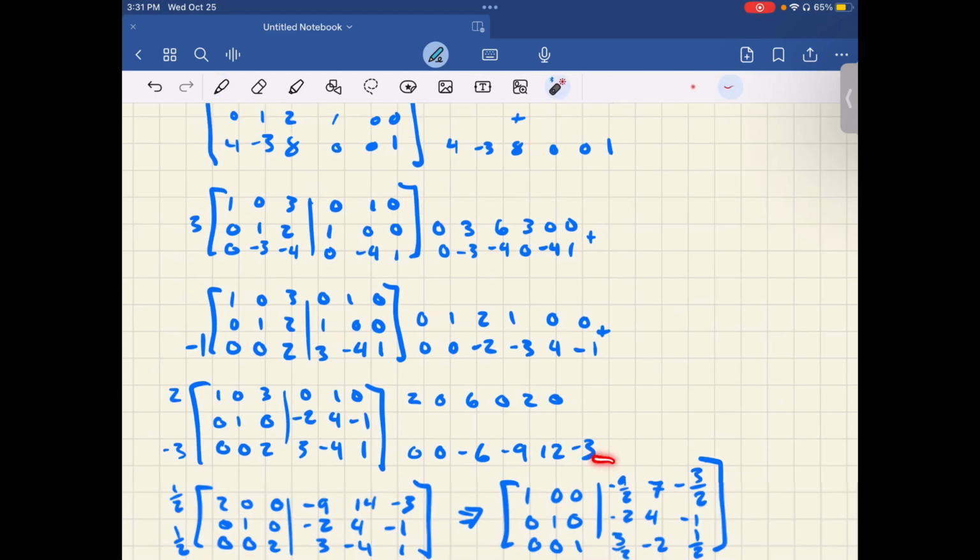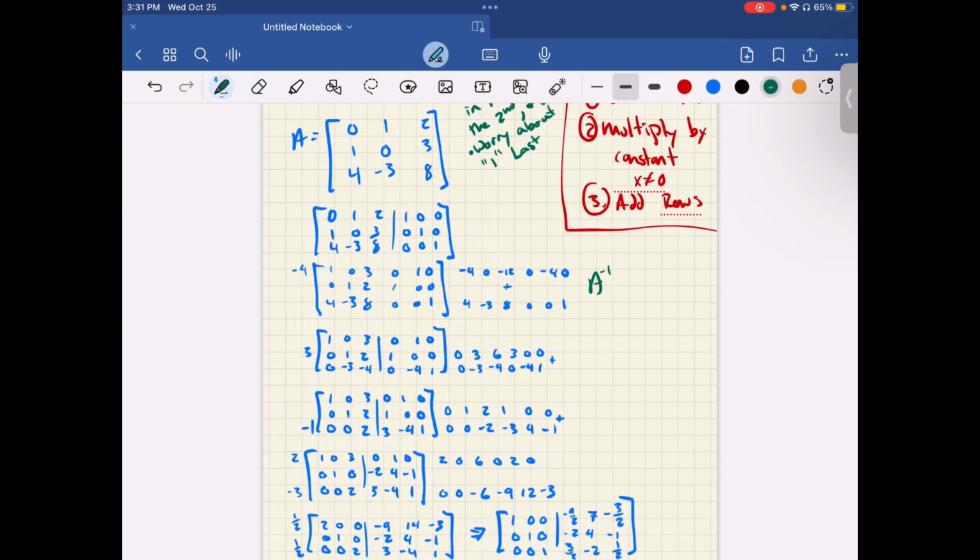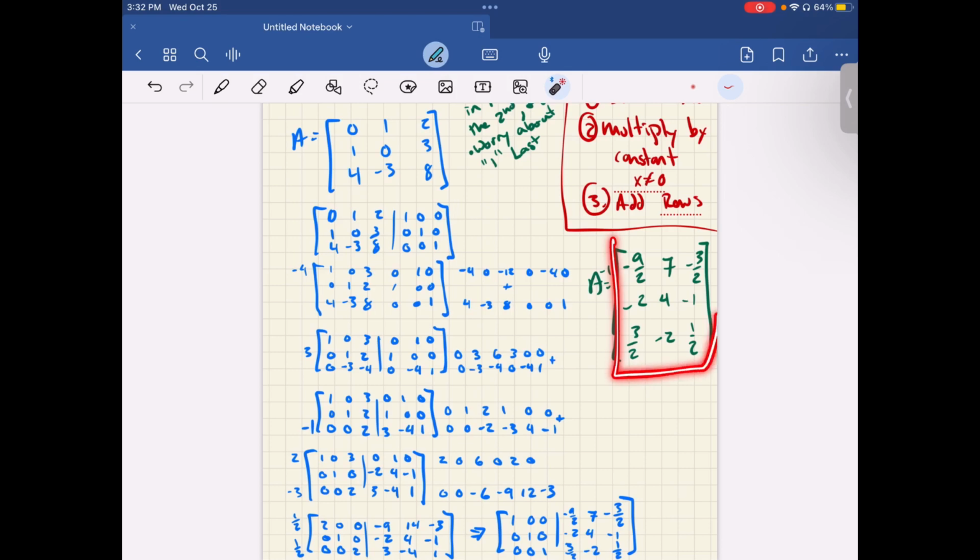Okay? So this is the matrix I'm now concerned with. This is the inverse of matrix A. So A inverse equals -9 over 2, 7, -3 over 2; -2, 4, -1; 3 over 2, -2, and 1/2. So this is now my inverse matrix, and this is what we're looking for, okay?